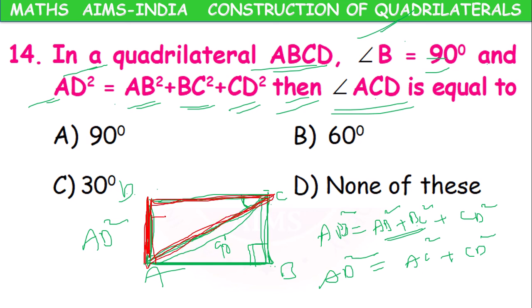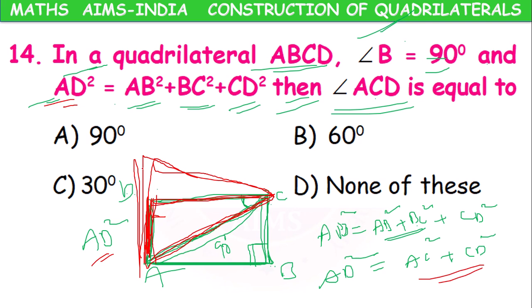Means this also will be a right angle triangle. AD value will be somewhat bigger in length because it is equal to the sum of squares of these two. AD square equal to AC square plus CD square means AD will act as hypotenuse.